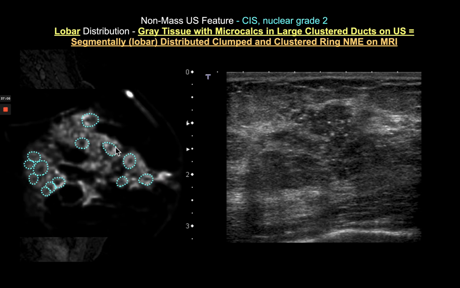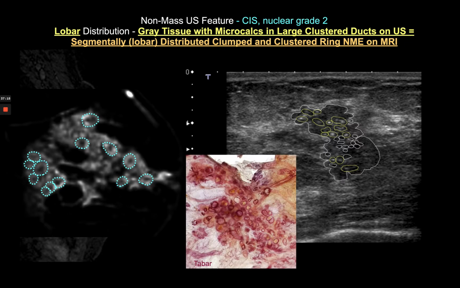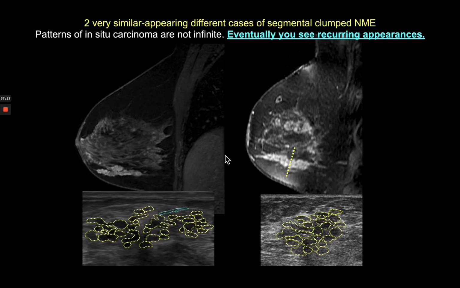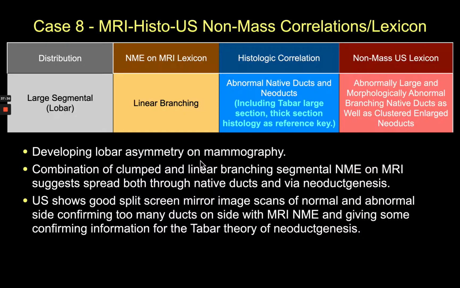And in this case, the clustered rings correspond to the larger native ducts with more necrosis and calcifications, and the smaller clumped is going to correspond to the smaller neoducts without calcifications. Now, we start to see recurring patterns. I mean, these are two different cases, but they look almost like the other one. So we can see that we're getting a combination of clumped or clustered ring enhancement, segmental enhancement, narrow at the nipple, spreading out at the base.